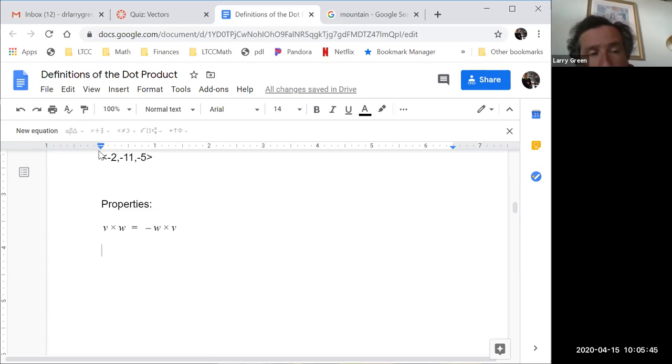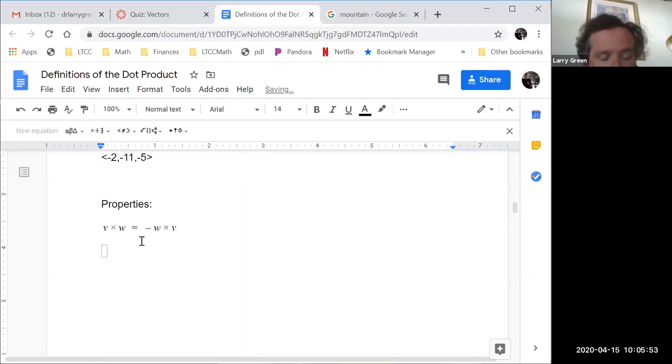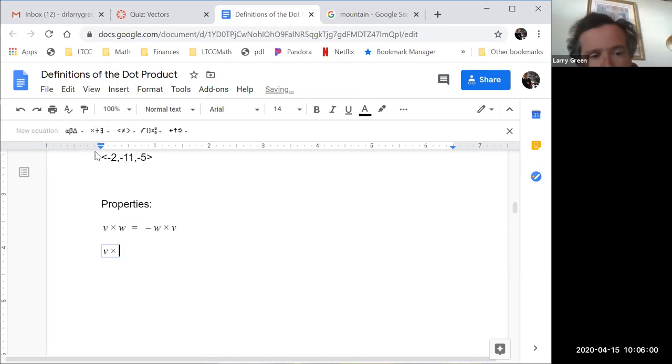Another one that's really important, so I'm going to write down the ones that may not be obvious, but they're really important. One is anti-commutativity. The other is V cross V. What is that? What must it be?